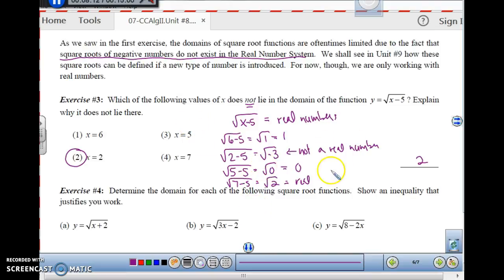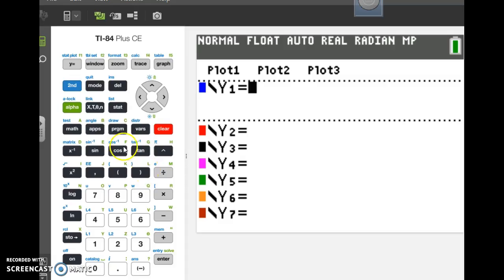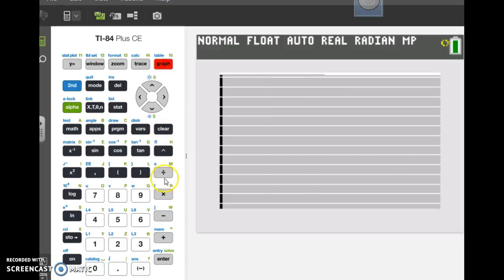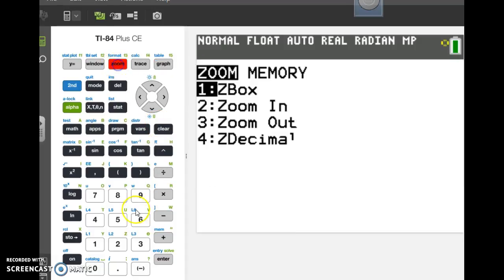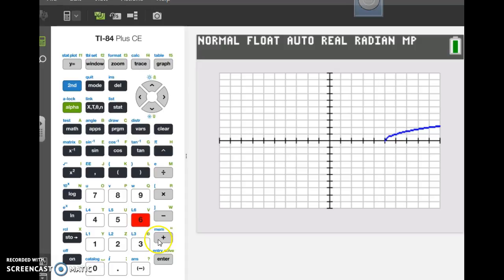All right, so if we are looking at the graph of the square root of x minus 5, and you look at your graph, oops, sorry, I forgot to reset this. There's my graph. It looks like that. You can see that only the values of x start at 5 and go up. So anything after 5 would make this a real function. Anything other than that will make this not real numbers.